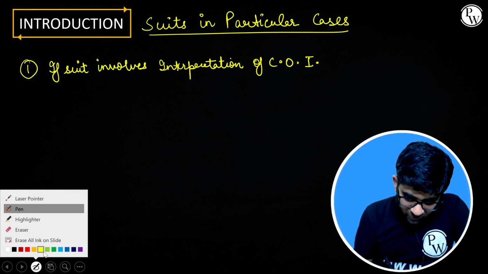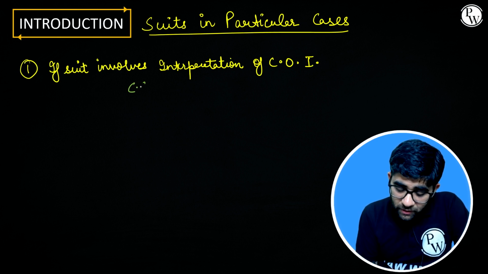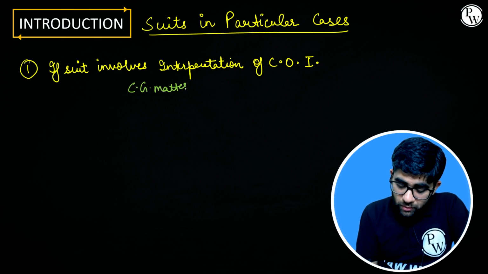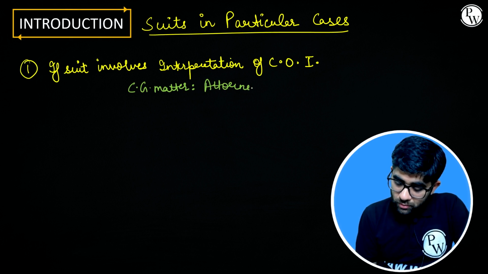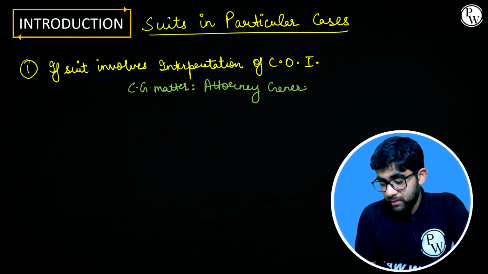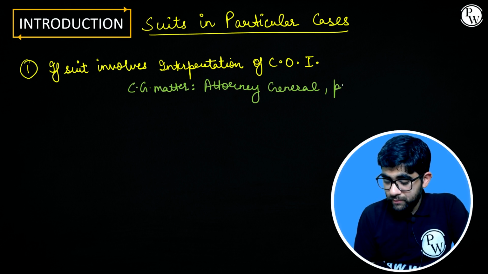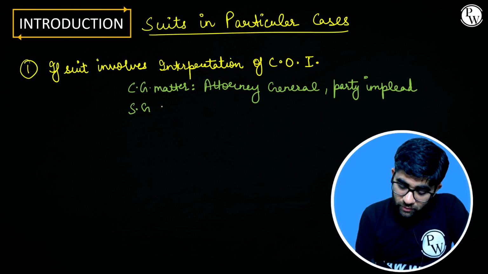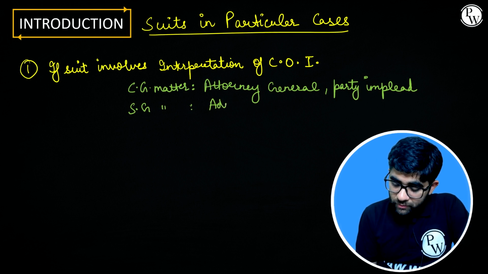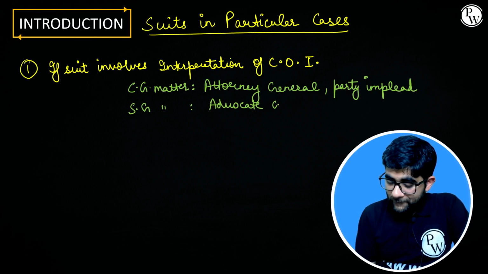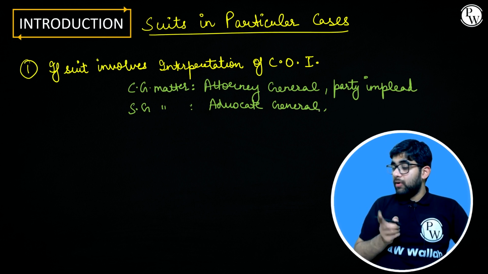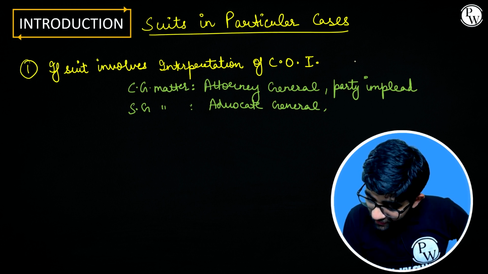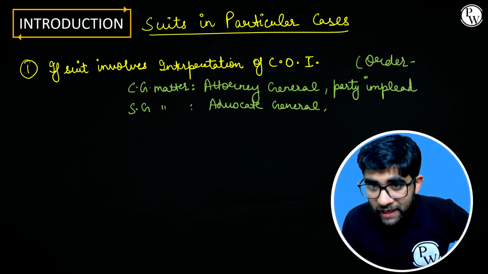So if there is interpretation of the Constitution of India and it is a central government matter, then the Attorney General is to be made a party, right? If the matter relates to state government, then the Advocate General, right? Now, this is given in Order 27A, right? Order 27A.